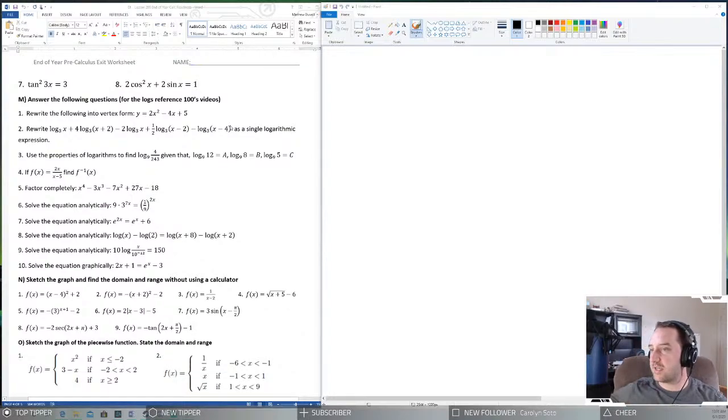But let's look at Section M. Section M is kind of all over the place. It really is. There's a few of the logs, like these log problems here, the exponential problems. If you want to skip that, that's okay, because we didn't really go over it in class. We didn't have the time to go over it in class, so I understand if we're just not getting it.